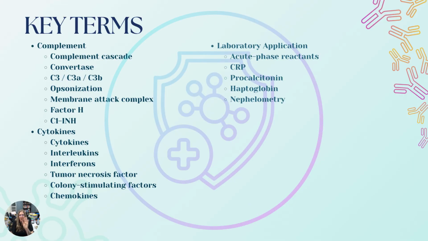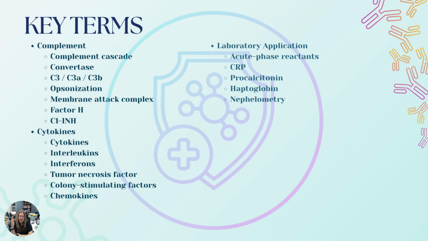So again, don't try to memorize this entire list right now. Think of this slide as a vocabulary map for the lesson. On the complement side, some of the terms that we're going to keep coming back to are C3, C3a, C3b, opsonization, and the membrane attack complex.